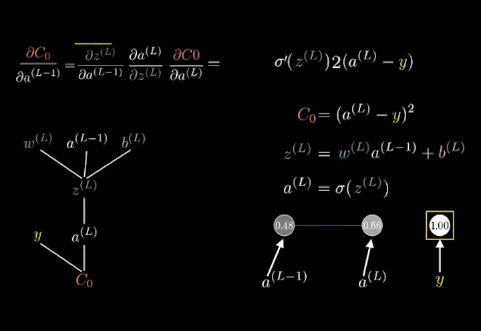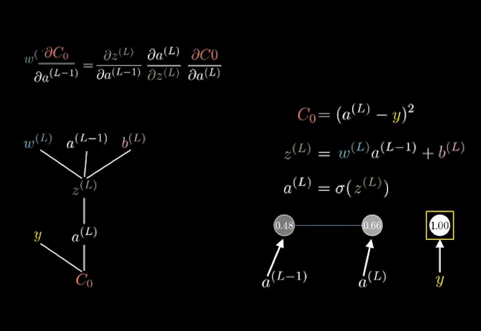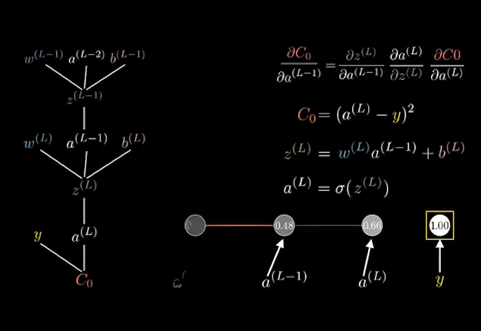Namely, this initial derivative in the chain rule expression, the sensitivity of z to the previous activation, comes out to be the weight, W^L. And again, even though we're not going to be able to directly influence that previous layer activation, it's helpful to keep track of, because now we can just keep iterating this same chain rule idea backwards to see how sensitive the cost function is to previous weights and previous biases.